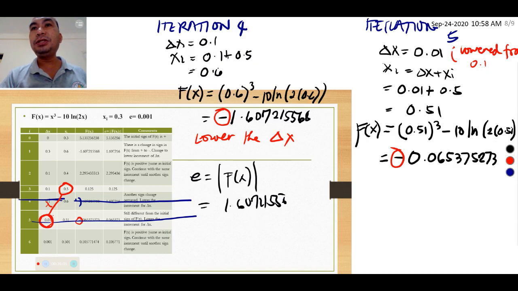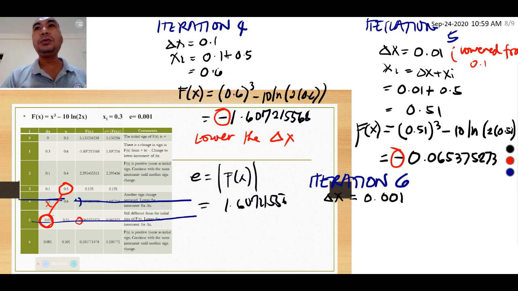Let's now go to iteration 6. Since it is still negative, we need to again lower the value of our delta x. From 0.1, we will make that into 0.001.